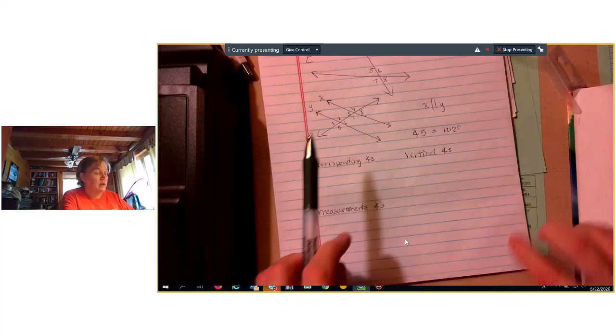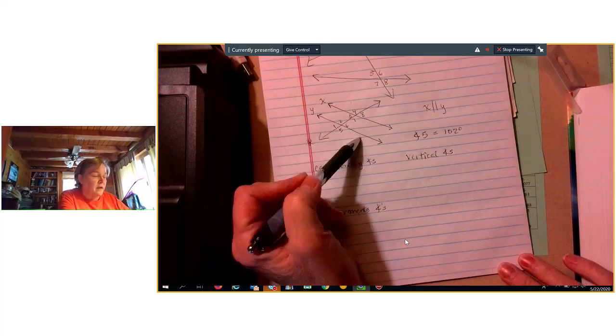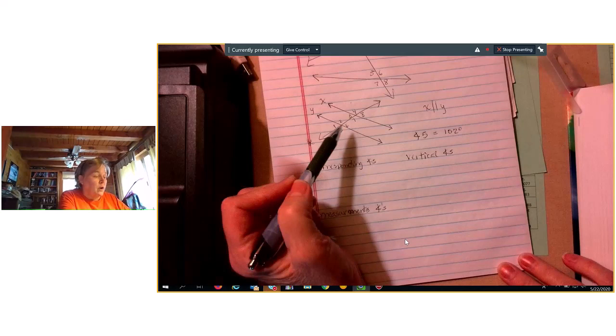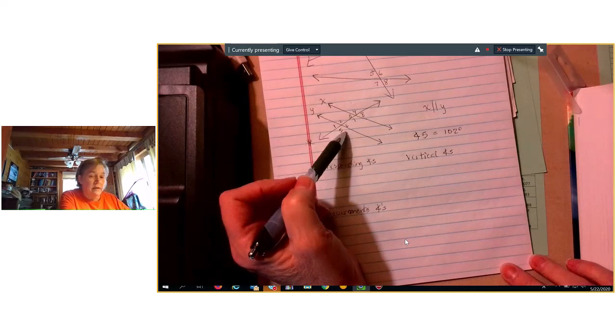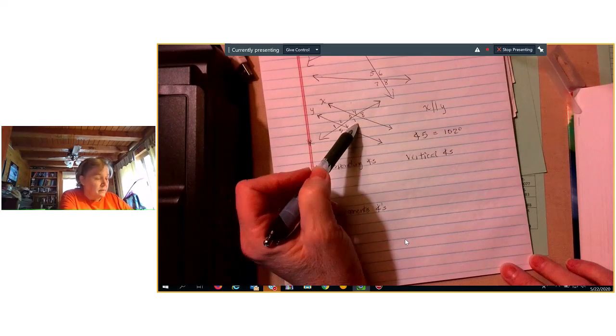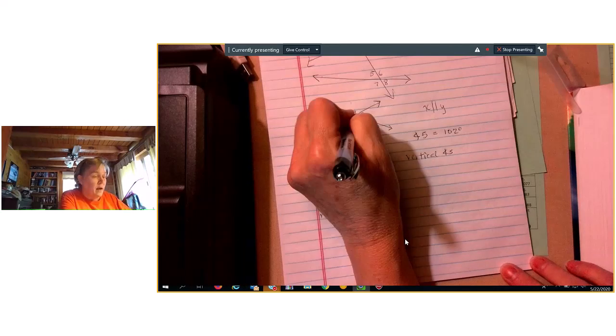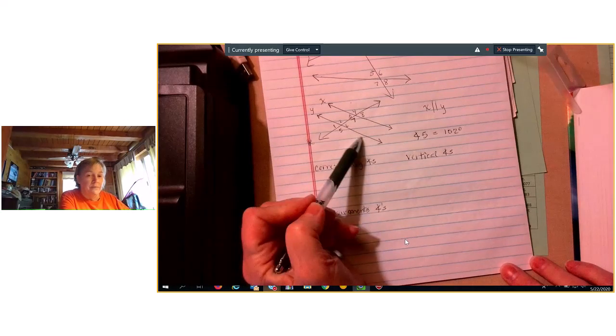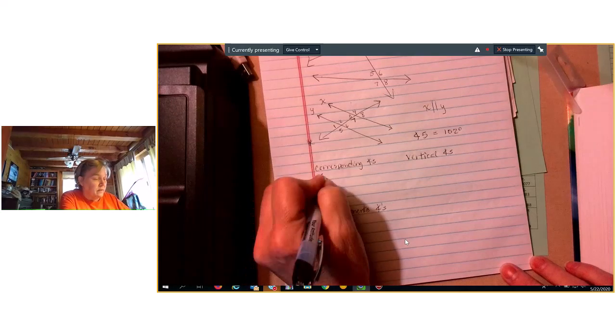So as I'm looking at these, I see that angle 1 and angle 7 are at the same spot on line X and line Y. So that's going to be one pair of corresponding angles, 1 and 7.